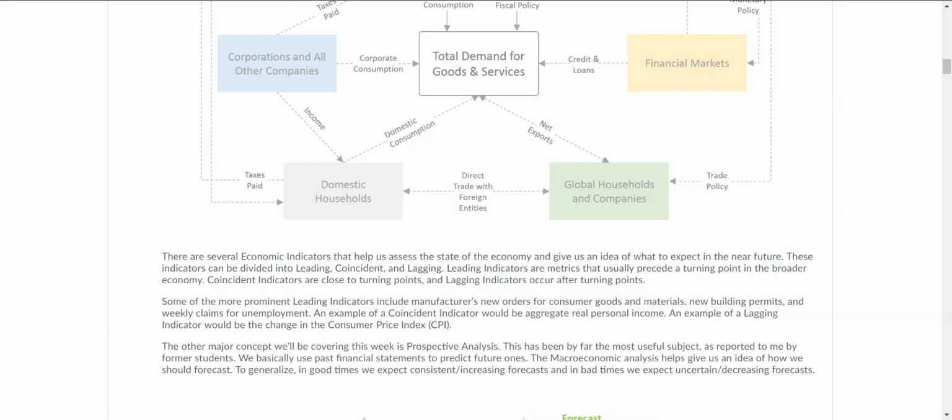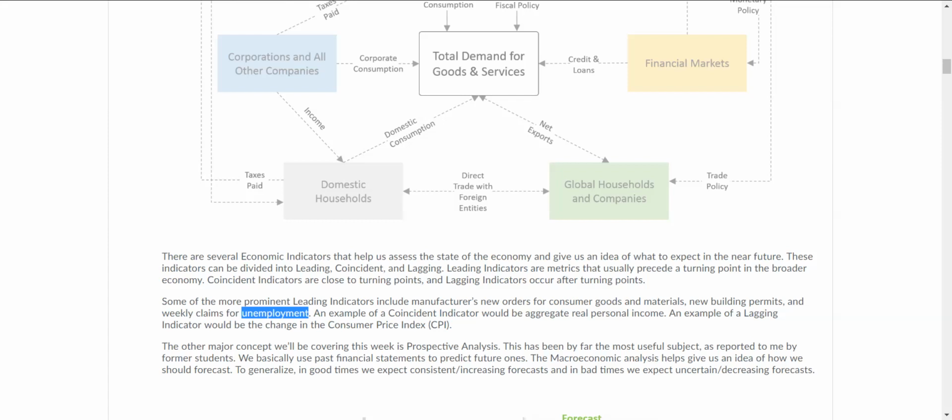You'll often hear, I don't know if anybody listens to Marketplace or the Wall Street Journal report, about leading indicators such as new orders for consumer goods and materials, new building permits, and weekly claims for unemployment, because these are all things that typically change right before a downturn in the economy. You'll see a spike in weekly claims for unemployment whenever the economy is in a downturn. You'll see a decline in new orders for consumer goods and materials because demand is going down.